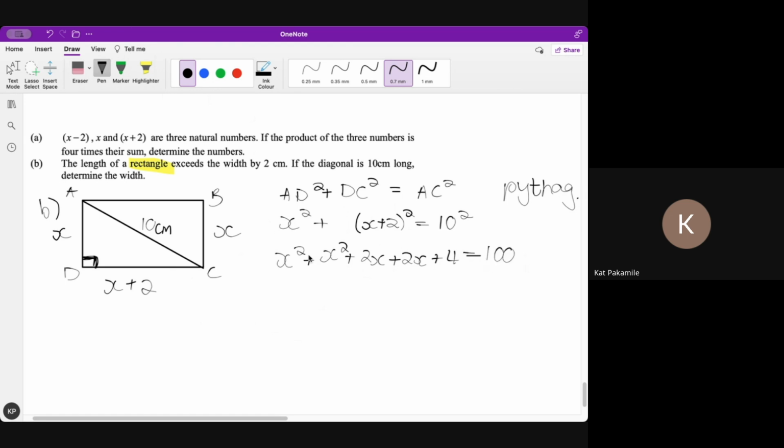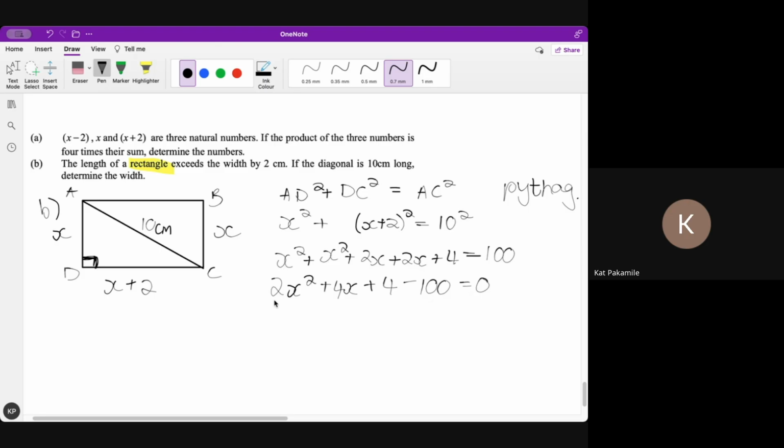Great. Let's add all our like terms this side. x squared plus x squared is 2x squared. What's 2x plus 2x? That is equal to 4x plus 4 minus 100 is equal to 0.